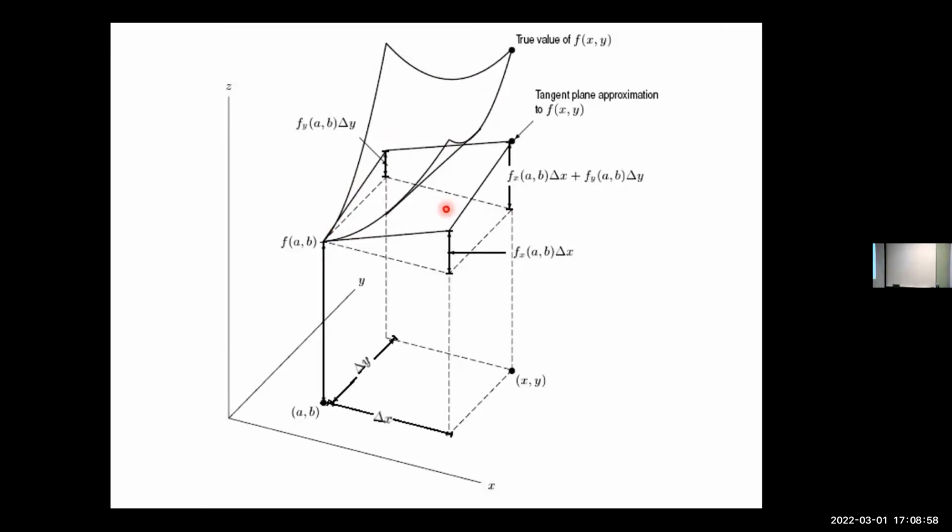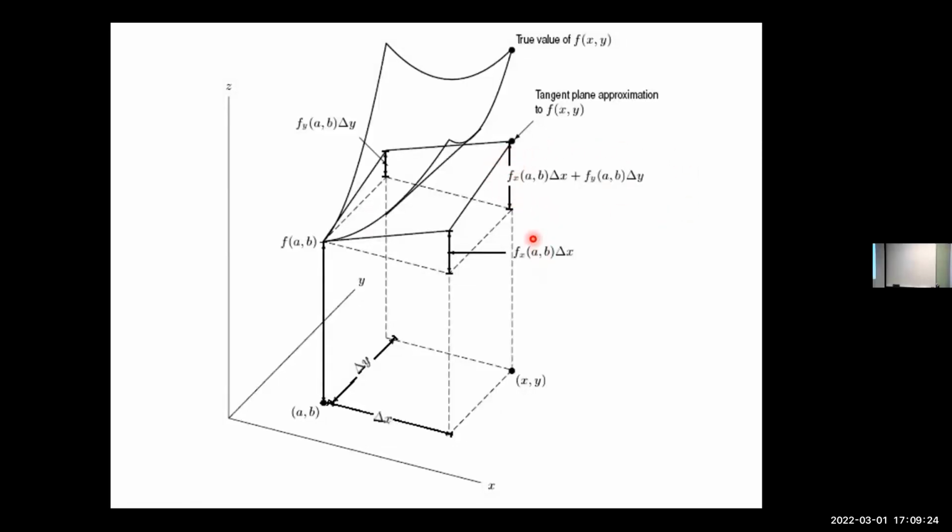Now, here's the other reason I like to bring this up. This here is the expected change in z value given our partials, but you can see the actual change would be up here. So we're off by quite a bit. But notice f sub x delta x plus f sub y delta y, that's the differential.